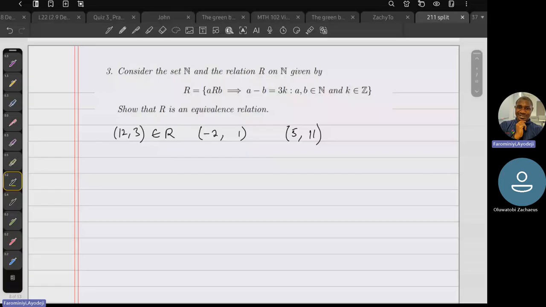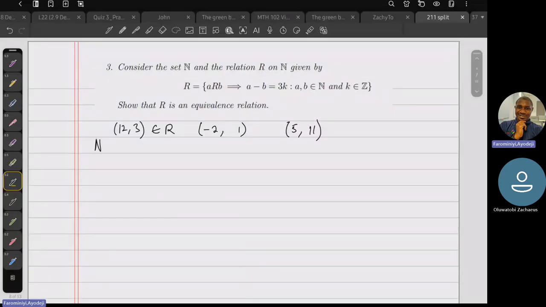To show that it's an equivalence relation, we need to show that R is reflexive, symmetric, and transitive. So is R reflexive? How do we prove it?